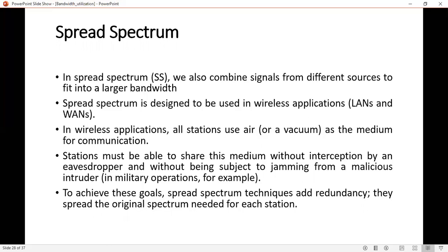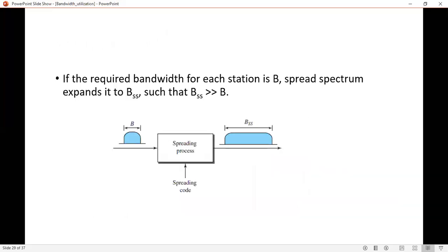When you use this medium, stations must be able to share it without interception by an eavesdropper or without being subject to jamming from a malicious intruder. To achieve these goals we use spread spectrum techniques, which add redundancy, that is, they spread the original spectrum needed for each station.